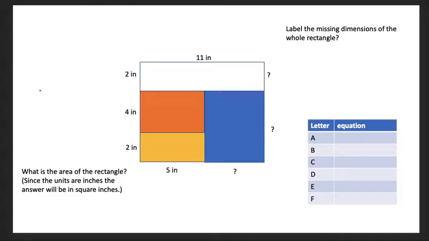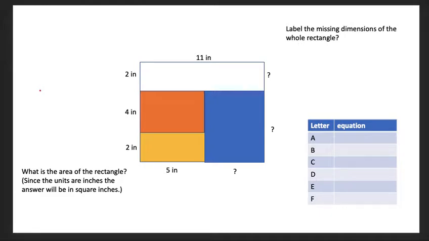It's very similar to the distributive property, where we would break apart a rectangle, an array, and then we would combine them together to find the area.